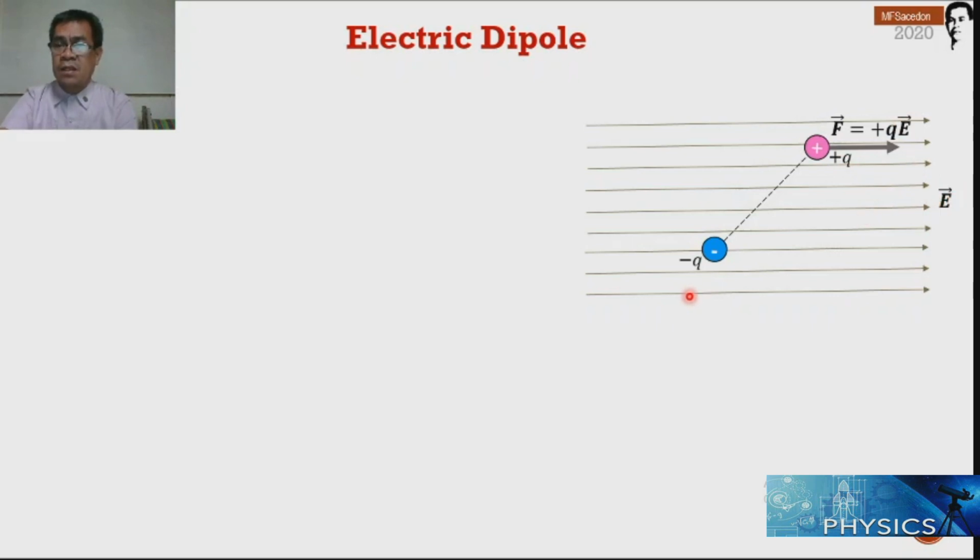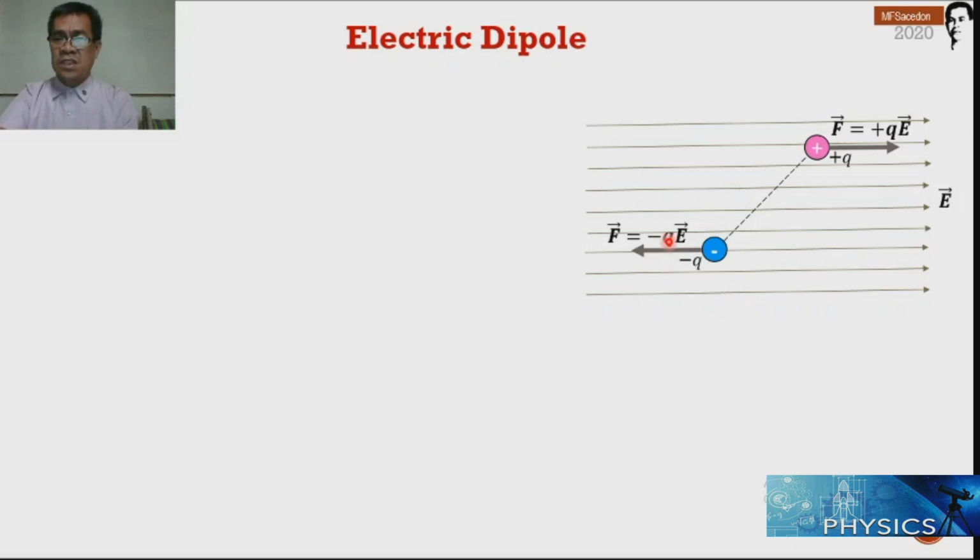But for the negatively charged, the force is a negative force because if we multiply this negative charge by the electric field, the result is negative, which means that the force on the negatively charged is in the opposite direction to the electric field.